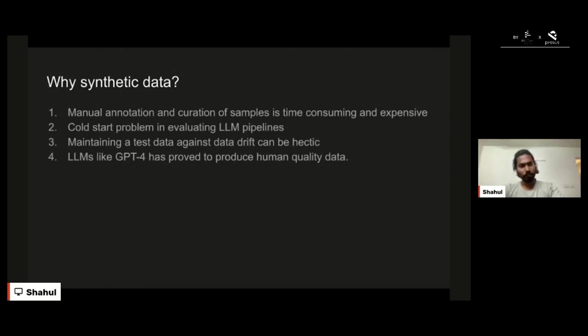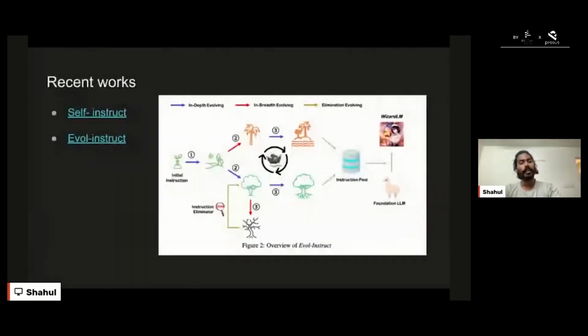So let's see some of the recent works in creating synthetic data. The first, and one of the most impressive papers in this domain, is Self-Instruct, which creates synthetic instruction-output pairs from a set of documents, also ensuring a certain level of deduplication.